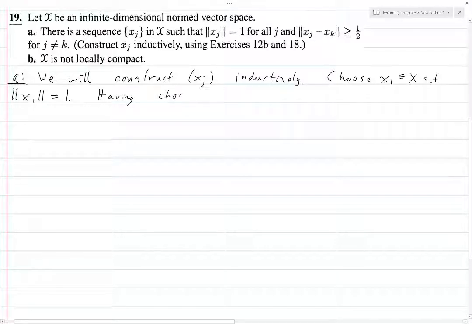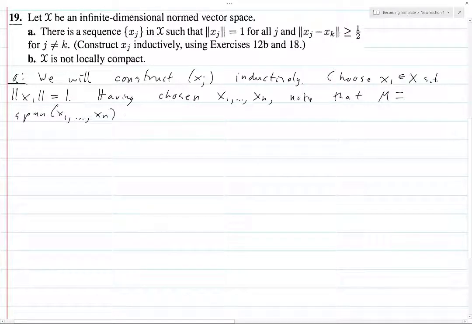Having chosen x1 through xn, note that the set M, which is the span of x1 through xn, is closed by exercise 18b.